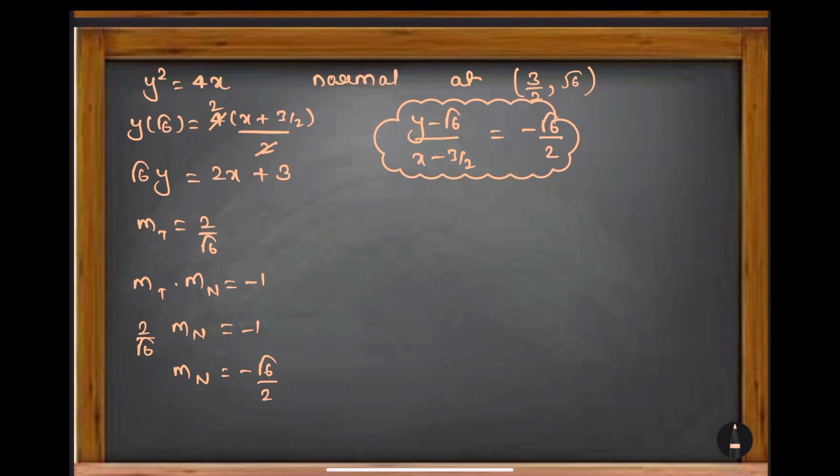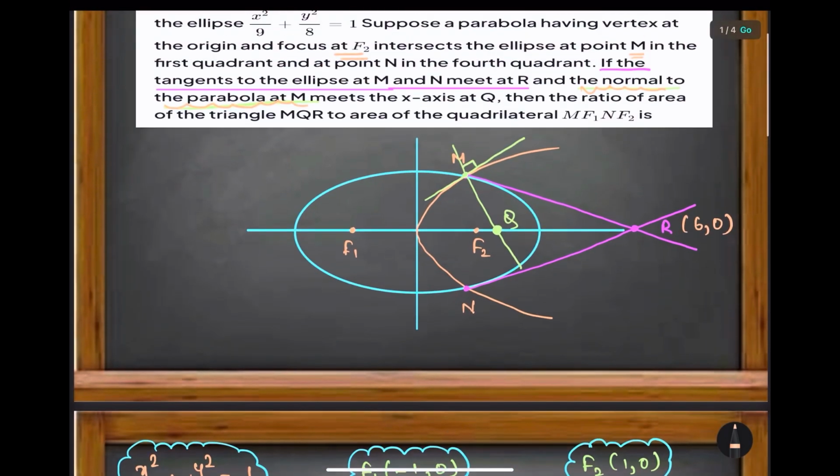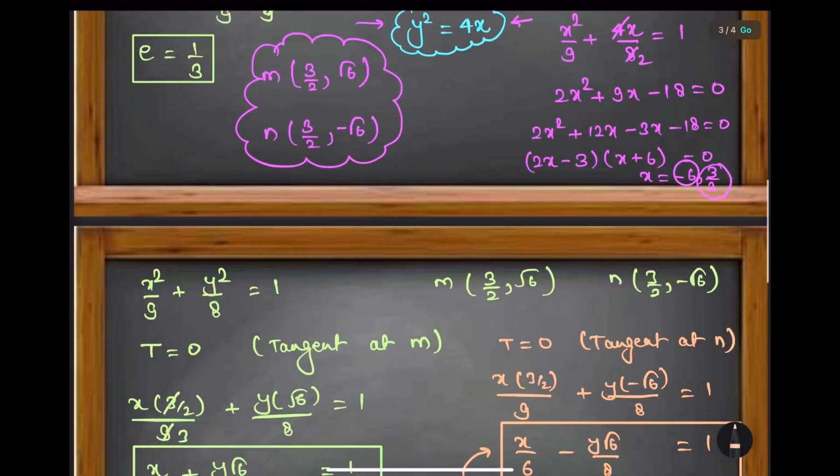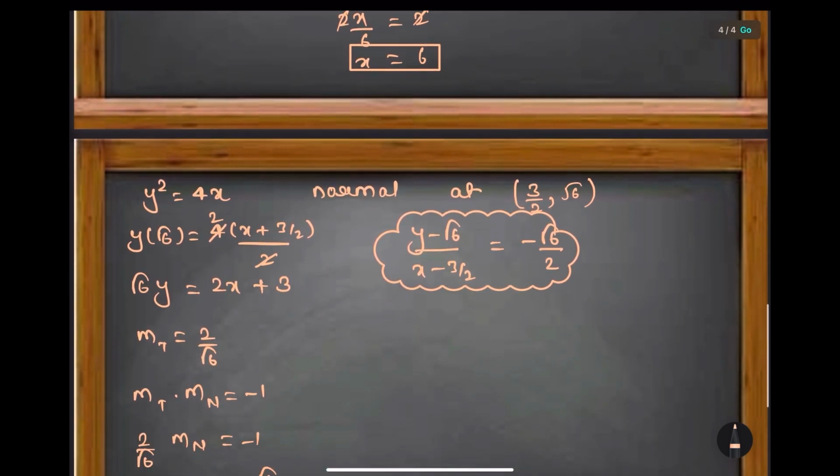Now your normal is meeting the x-axis at Q. So x-axis means the y coordinate will be 0. So put y as 0. Then we have root 6 equals root 6 by 2 times (x minus 3 by 2), so 2 will be equal to x minus 3 by 2.